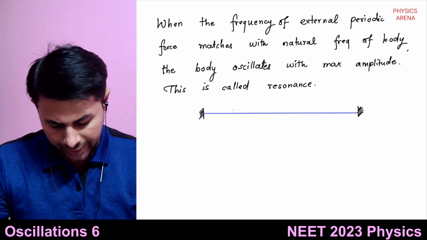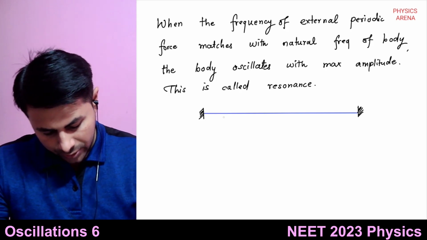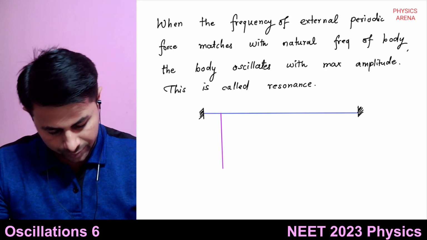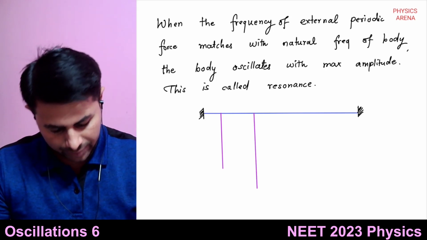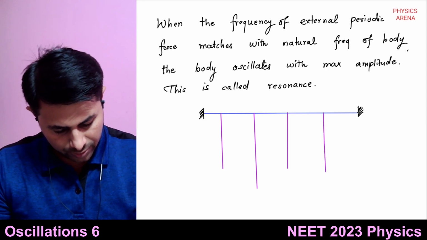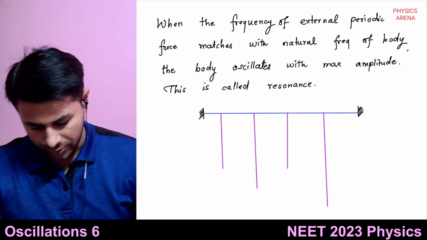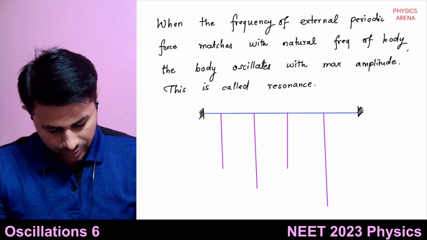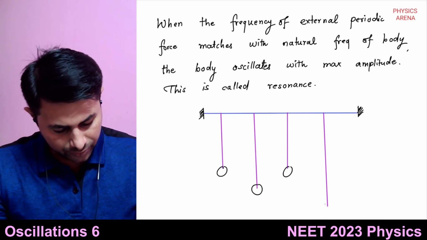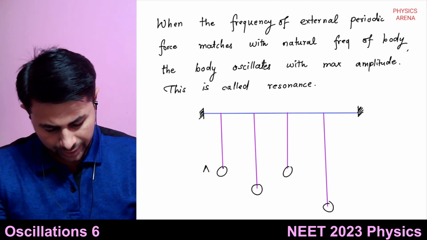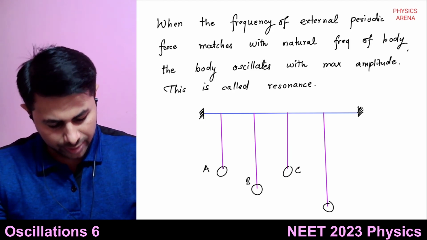This is the first pendulum, second, third, fourth. Let's call them pendulum A, pendulum B, pendulum C, and pendulum D.